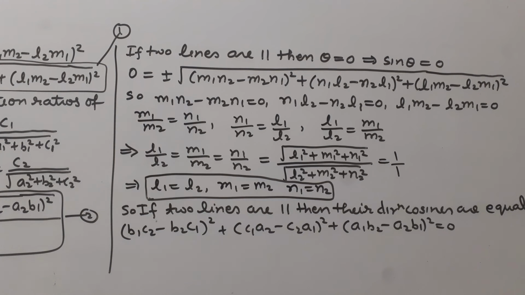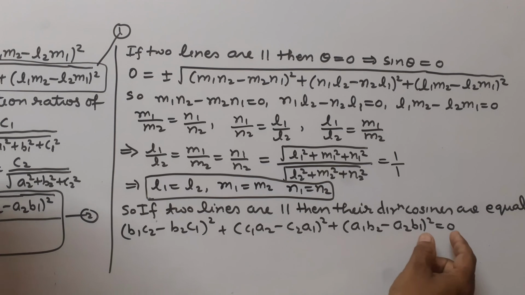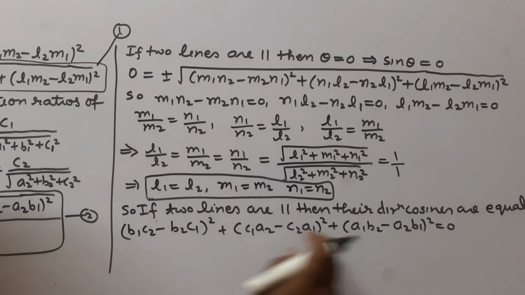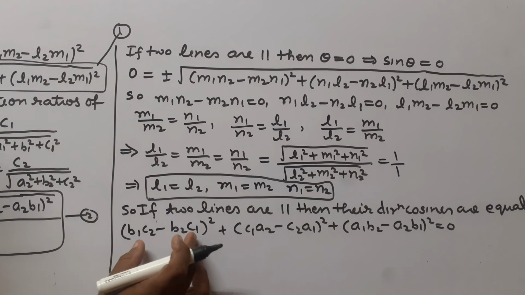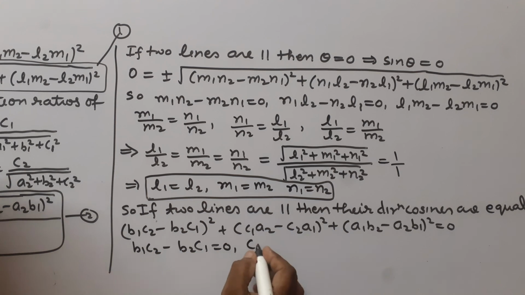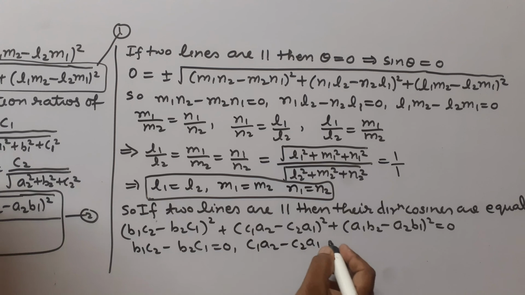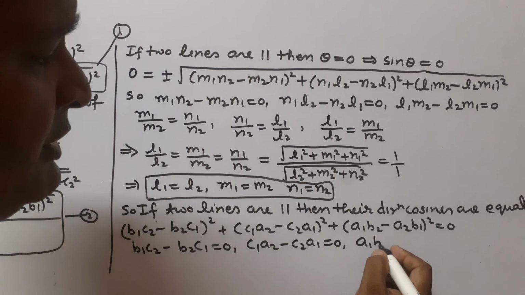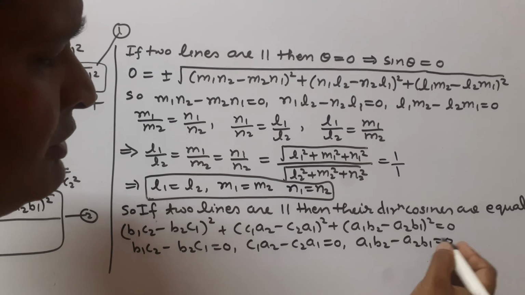So if we put sin theta equal to 0 in the second equation, this is the sum of positive quantities, so each term will be equal to 0. The value of this term is 0 when each of the terms is equal to 0. So we can write b1 c2 minus b2 c1 equal to 0, c1 a2 minus c2 a1 is equal to 0, and a1 b2 minus a2 b1 is equal to 0.